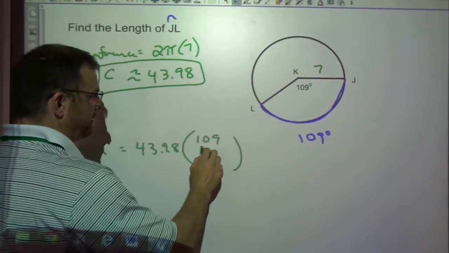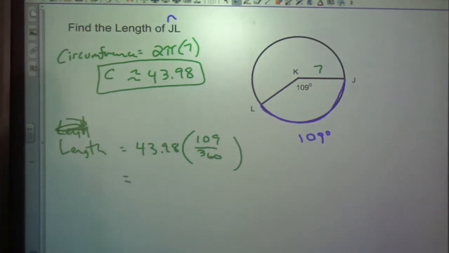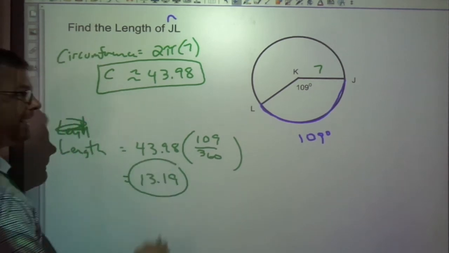It's 109 divided by 360. So on the calculator, let's take 109 divided by 360, 0.3, times 43.98, 13.19. And there is the length of the arc.